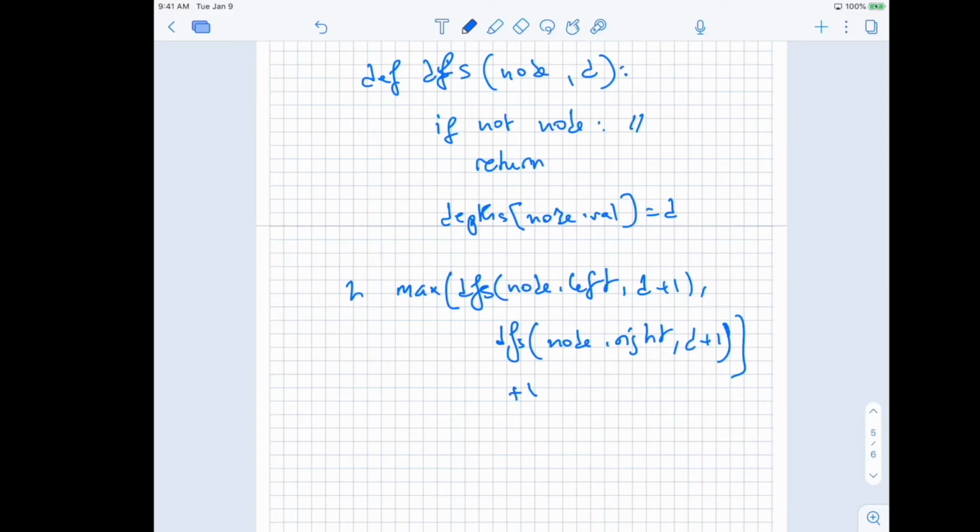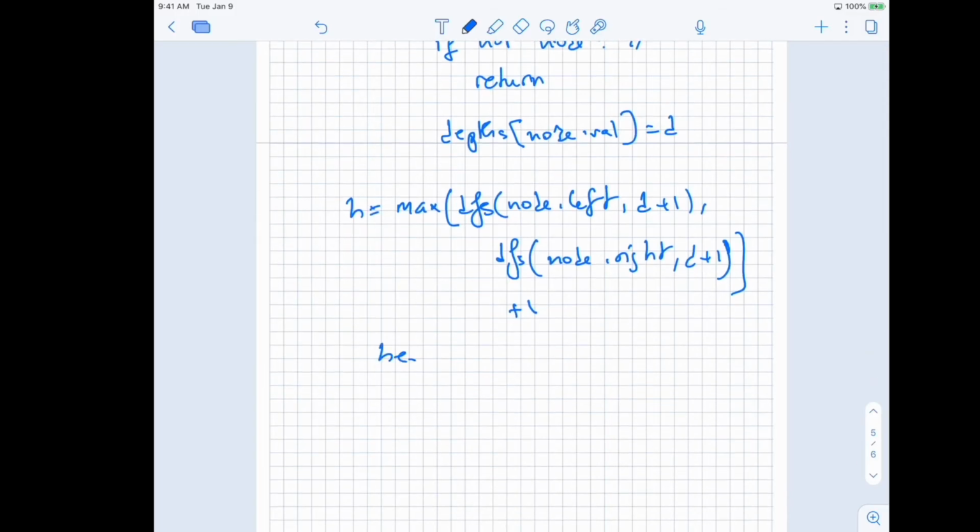So let's call this H, right? And then when we are done, we want to fill the height for this current node. When we are done going through all the children of that node, we want to fill the height of that node to be equal to H, right? And we want to return the height upstream, right? Because that's what we use here to assign.